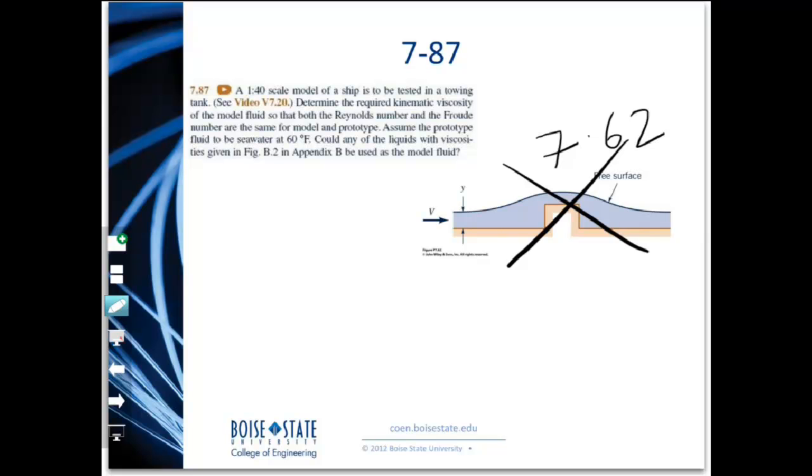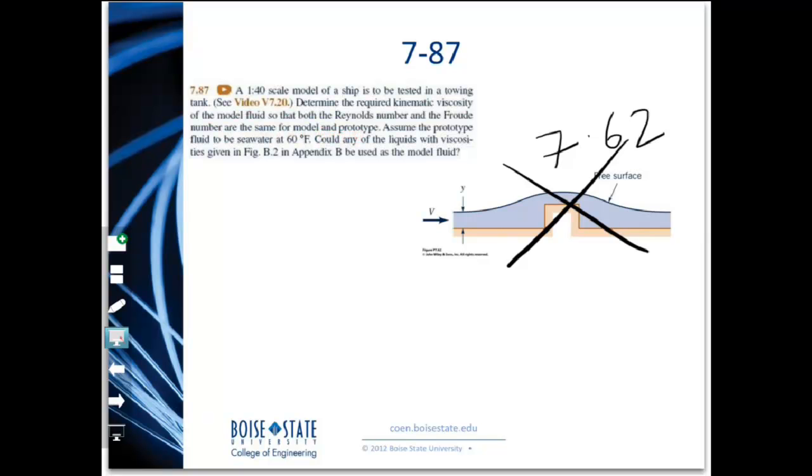A 1:40 scale model of a ship is to be tested in a towing tank, and you can look at the video if you're interested. Determine the required kinematic viscosity of the model fluid so that the Reynolds number and the Froude number are the same for the model and prototype.